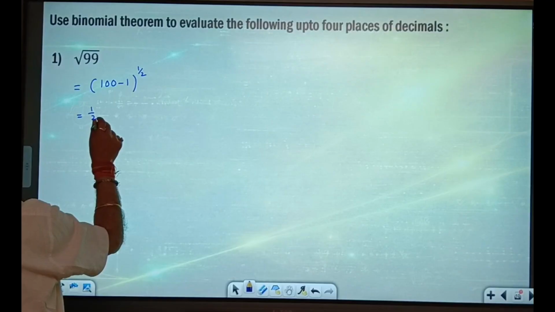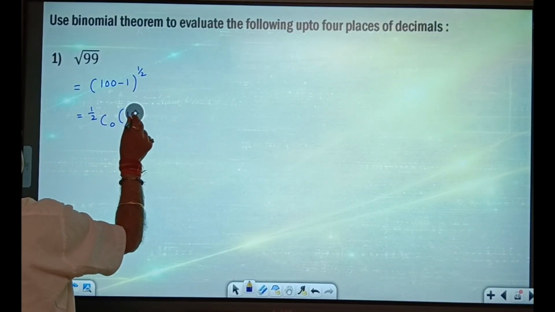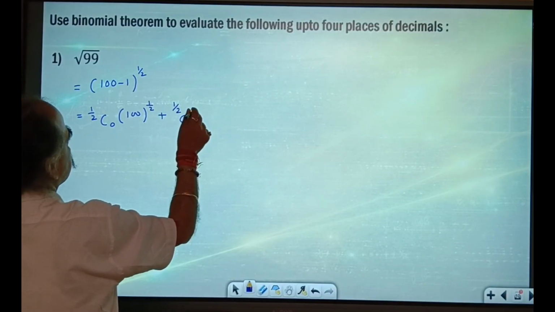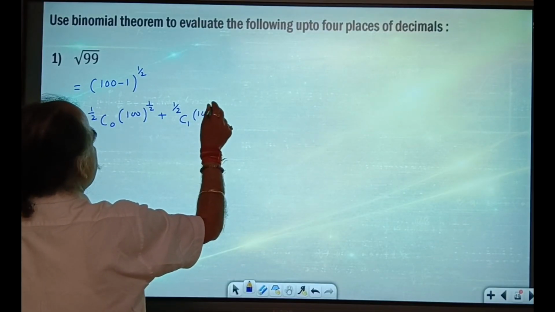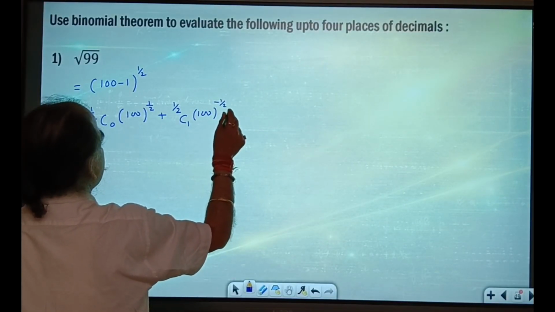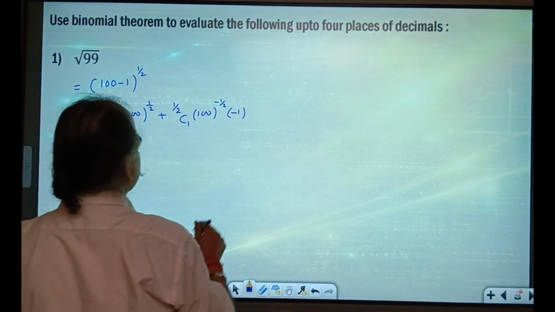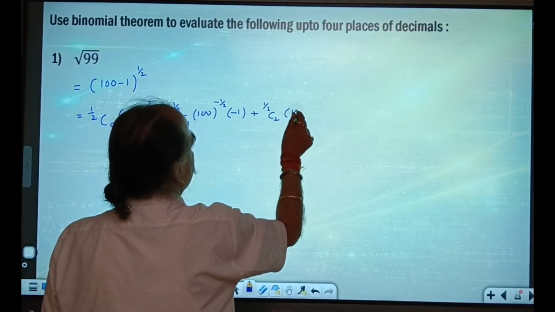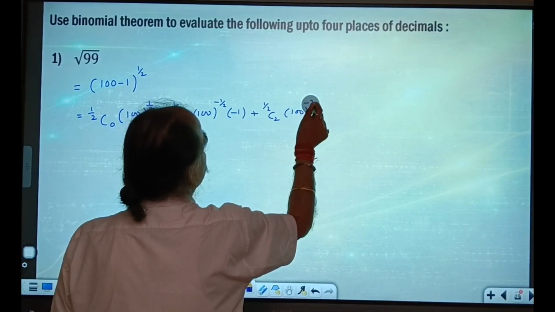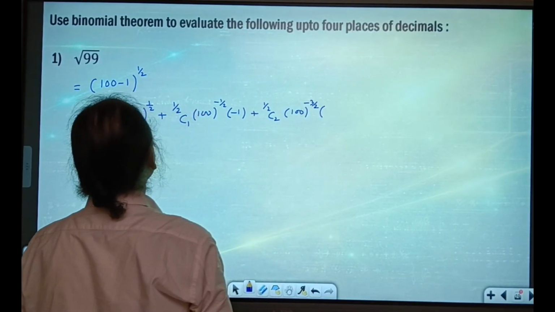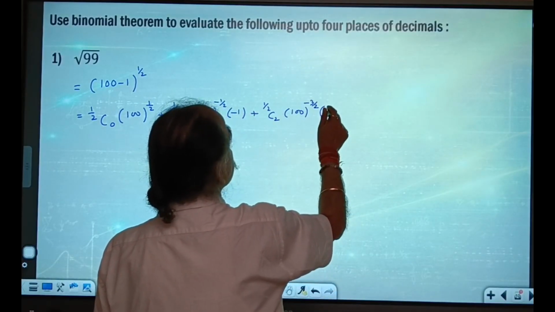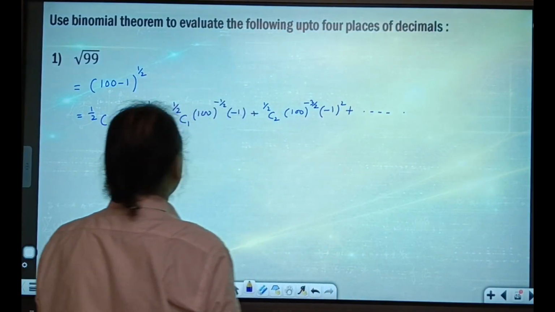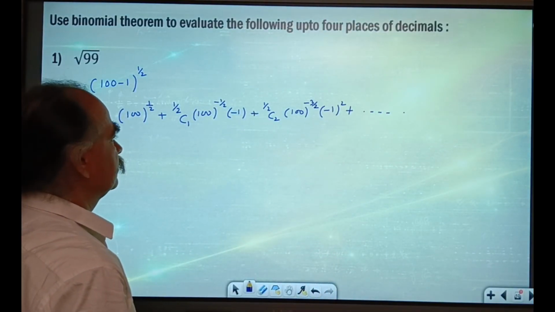Half C0, 100 is to half, plus half C1, 100 is to half minus 1, which is minus half, and into minus 1, plus half C2, 100 is to minus 3 by 2, into half raised to minus 1 raised to 2, plus so on. This will give you up to 4 places of decimal.